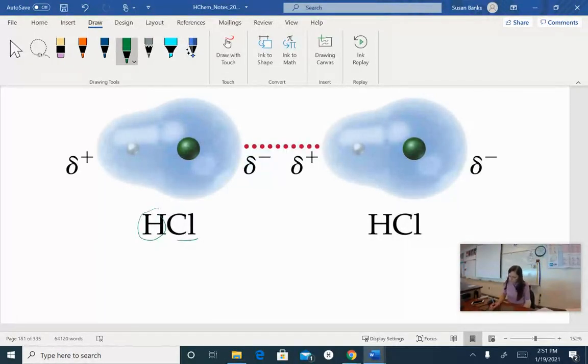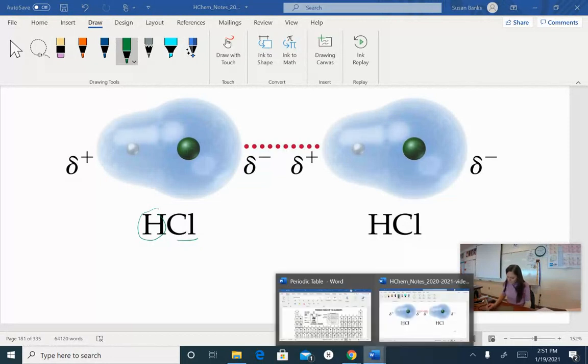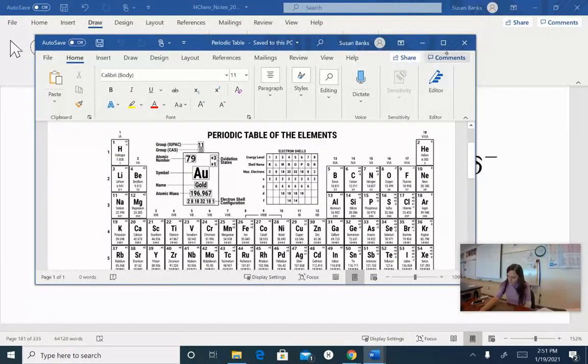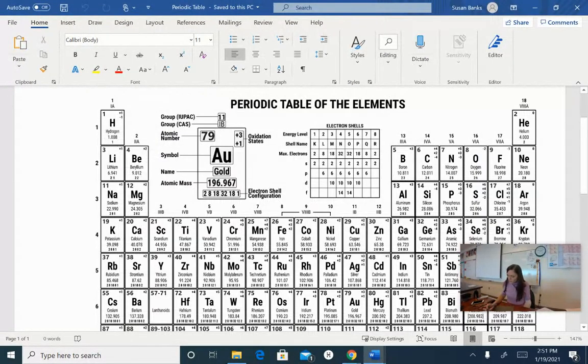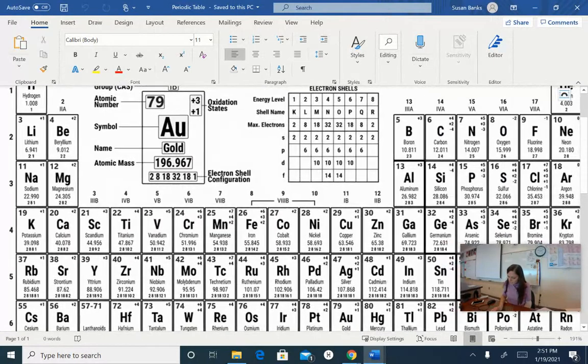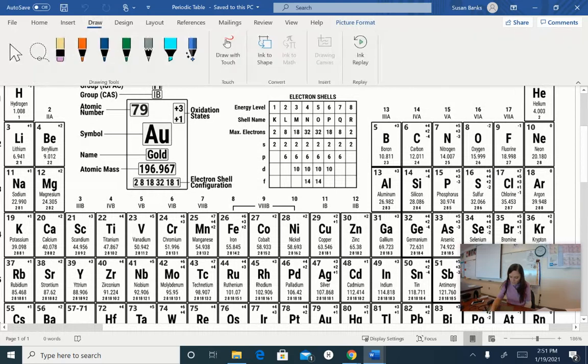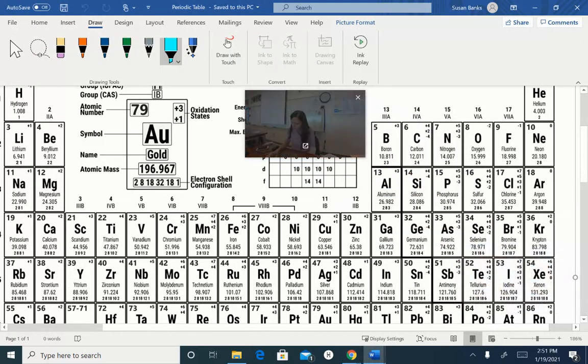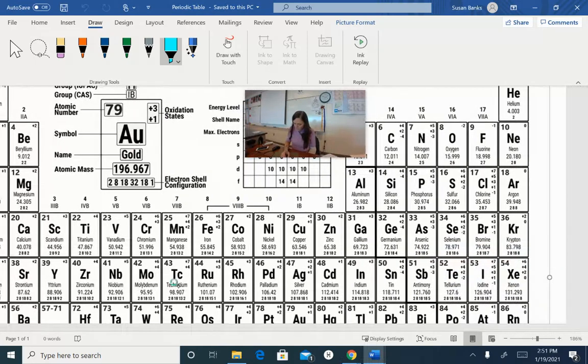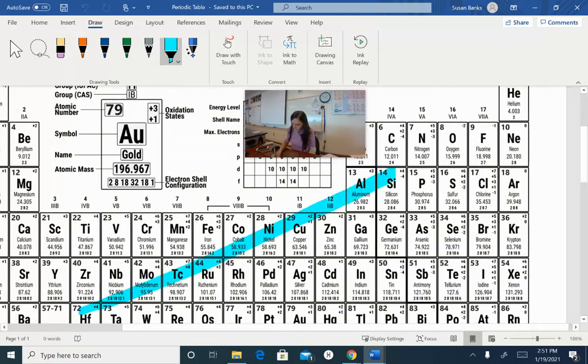So let's review electronegativity really quick with our periodic table. If you remember, electronegativity becomes much greater up in this upper right-hand corner. So if I wanted to put an arrow on the periodic table, electronegativity maxes out at fluorine, okay?